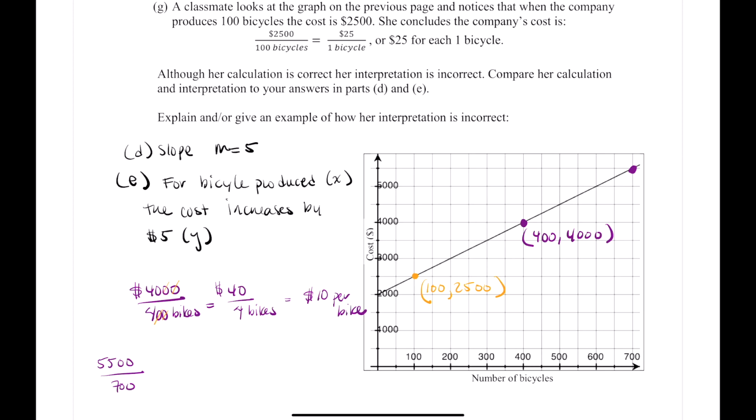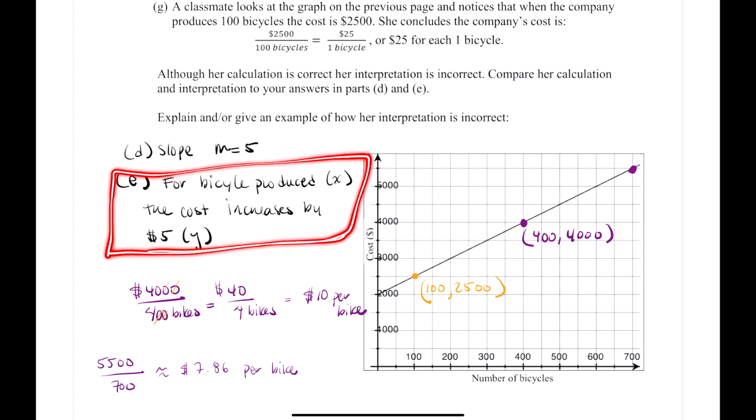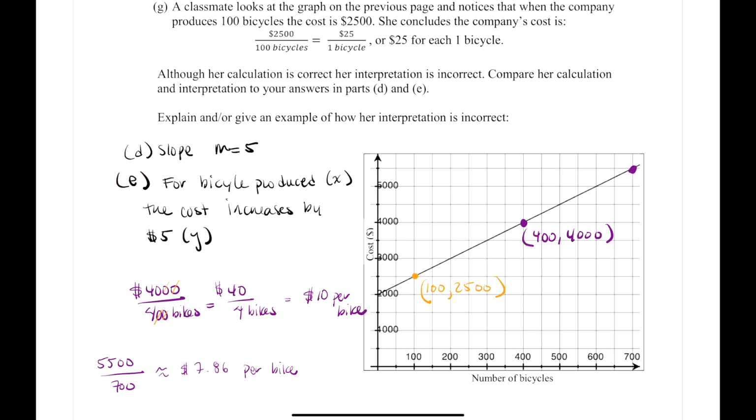And the cost suddenly drops to about $7.86 per bike. So no matter what, their overhead is fixed. And the more bikes they produce, the less it's going to cost to produce them. In general, though, we can say for each new bike, it's going to cost them $5 additional to produce each new bike.